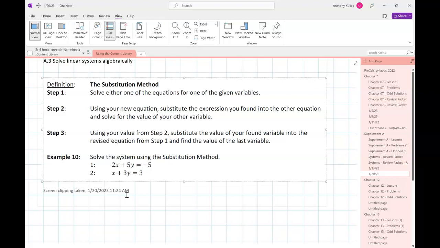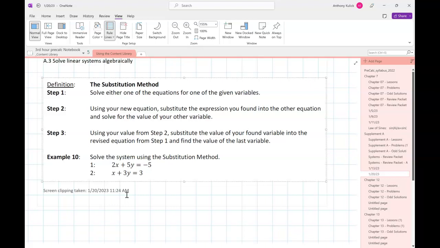Step two, using that new equation that you've just gotten that starts either x equals or y equals, you're going to substitute that into the second equation. That new equation now has only one kind of variable in it, either x or y, depending on what you substituted in. And now you can solve algebraically because you just have one variable. Now it's just like a normal Algebra 1 problem.